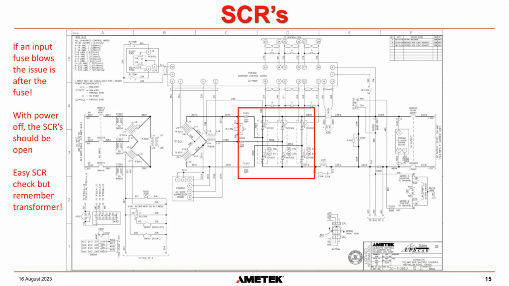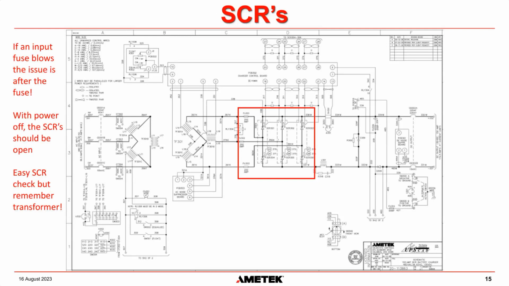But when you're checking SCRs, you do have to remember about the transformer. The transformer winding is a short, so you have to bear that in mind because you will get a path through the transformer.